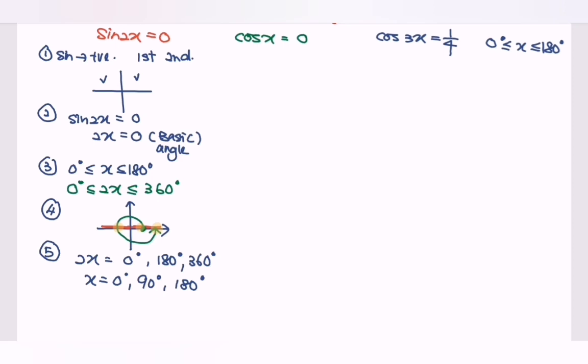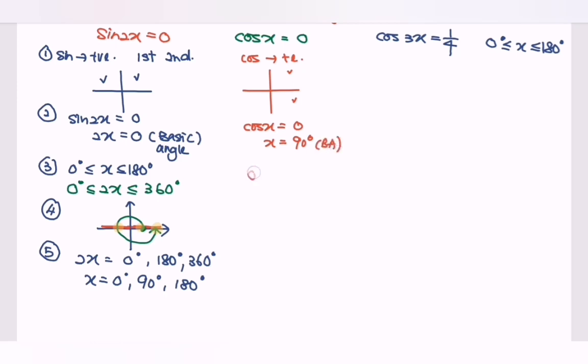Next, we are going to focus on the second part. Cos x equals to 0. Number 1, cos positive. So the situation will be the first and the fourth quadrant. Second step, the basic angle. So cos x is equals to 0. x will be equals to 90 for the basic angle. Step number 3, the range.